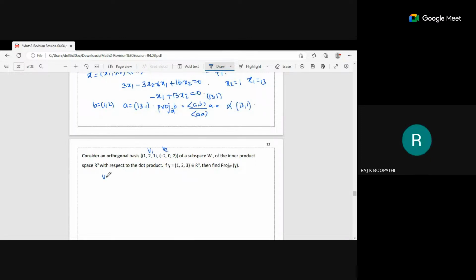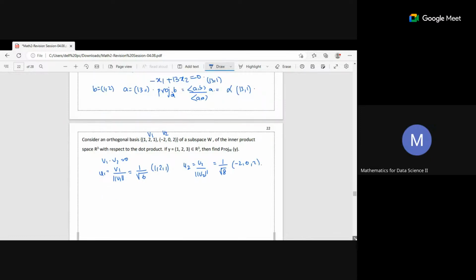Yes, ma'am. It is orthogonal, but they are not orthonormal. So to normalize it, we have to divide it by its norm. Correct, madam. So you have U1 equal to 1 by square root of 6 into 1 comma 2 comma 1, and your U2 is 1 by square root of 8 into minus 2 comma 0 comma 2.